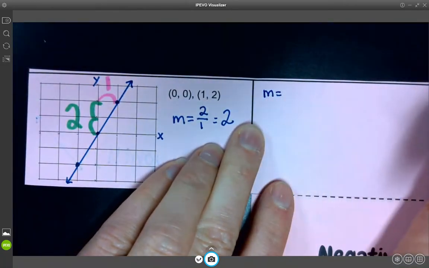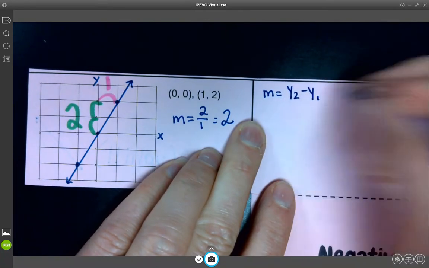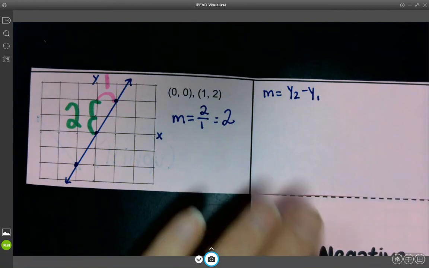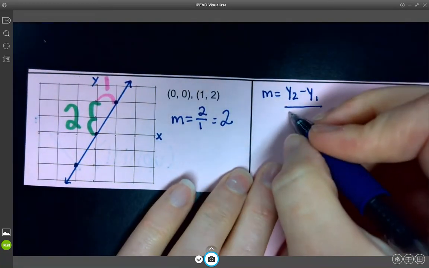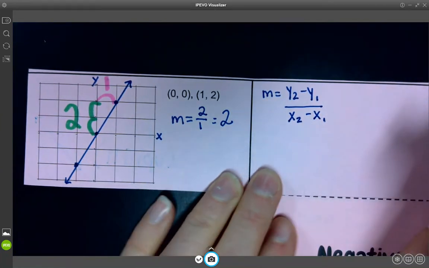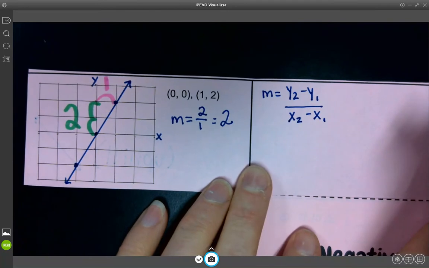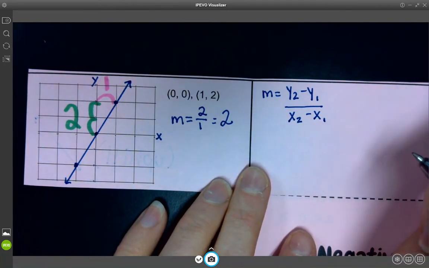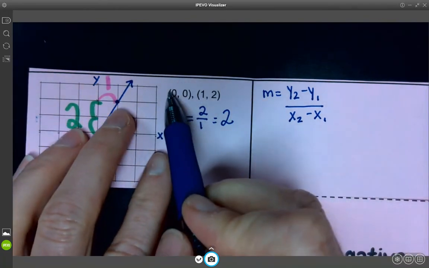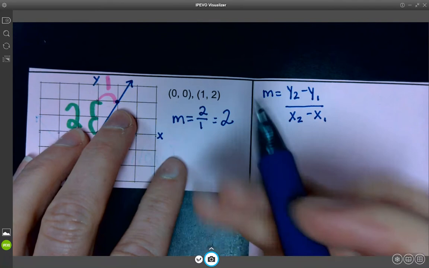M equals y2 minus y1 over x2 minus x1. We're going to label our x1, y1, x2, y2. So make sure that on this first point, you have an x and a y.